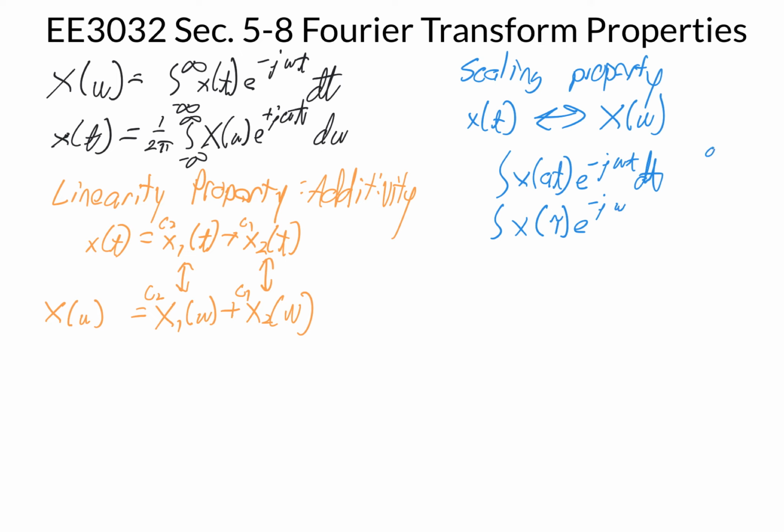So we have our substitution at is equal to tau, or t itself is equal to tau over a. So we replace t here with tau over a, which I'll write right here. And then dt becomes d tau times 1 over a.